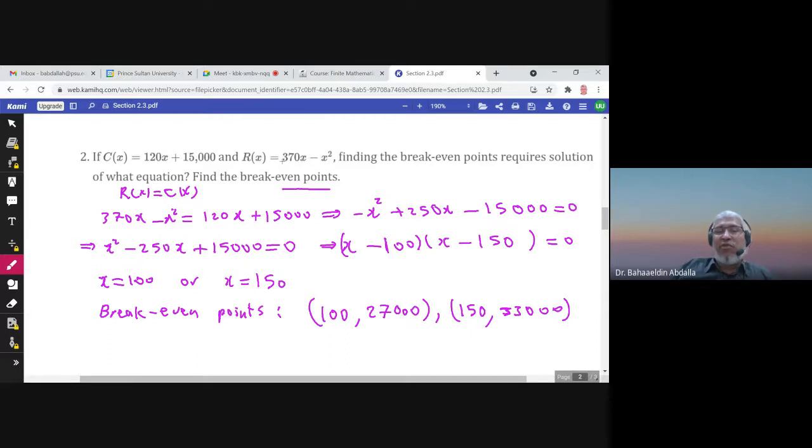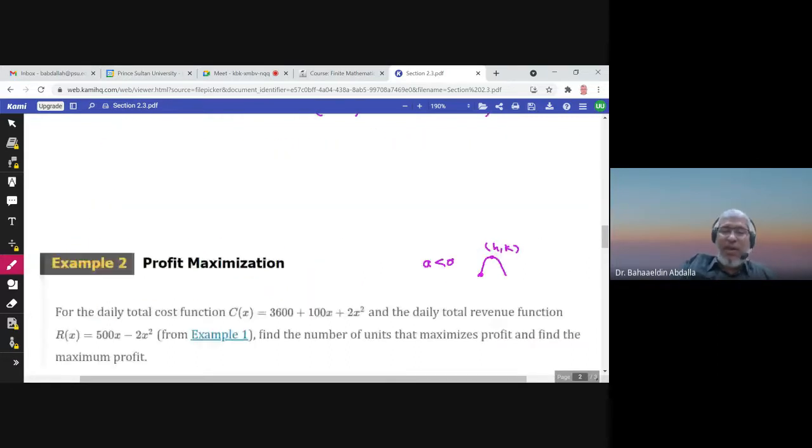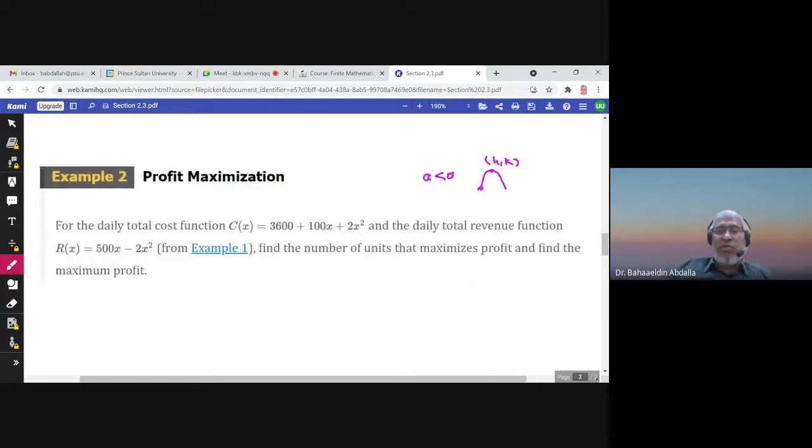So if you want to find the maximum revenue here, it's just k. Okay, and you remember how to find h and k. We said that h is negative b over 2a, and k is f of h.